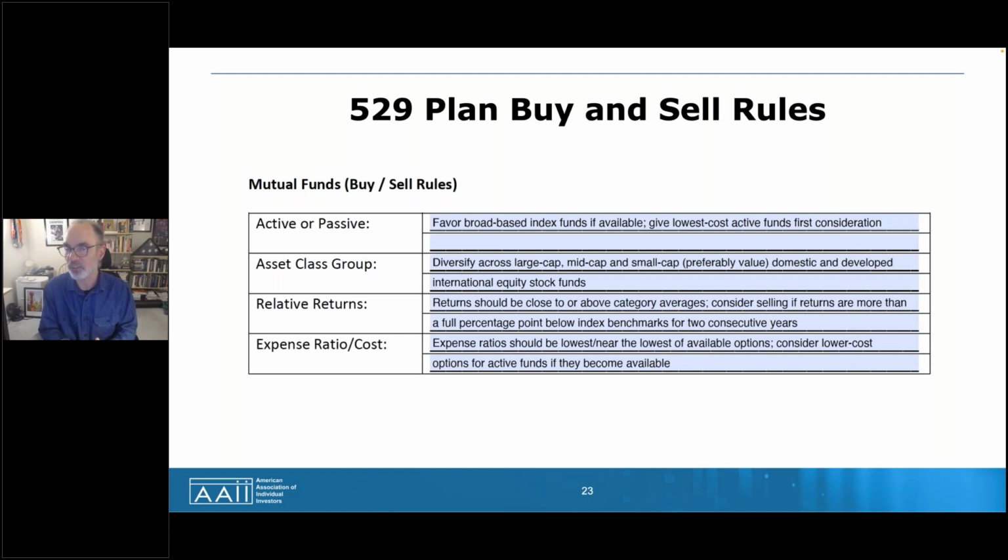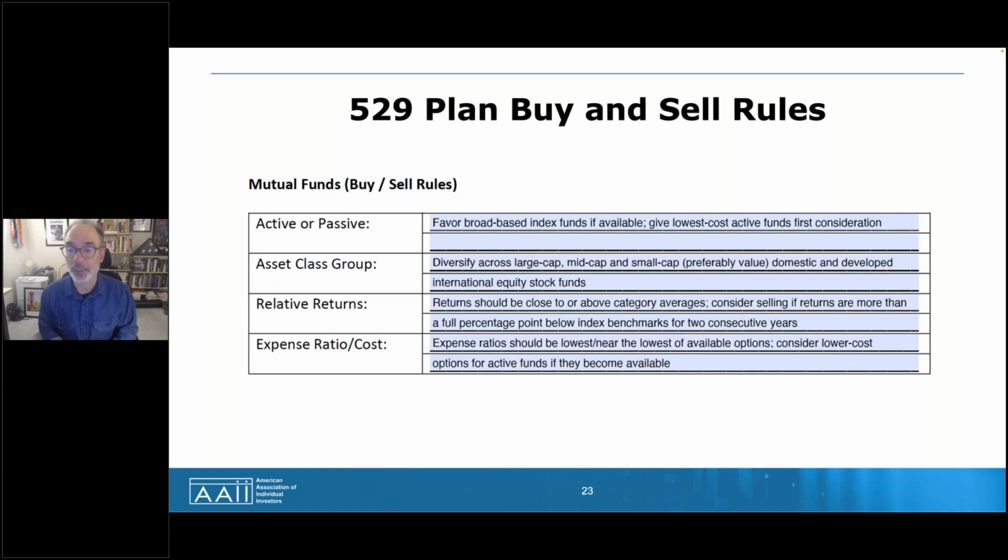I'm not saying active funds cannot perform. There are some that do, but it's very hard to pick out which funds those are without the benefit of hindsight. And so the only thing you really have to go on besides the past performance record is that expense ratio.